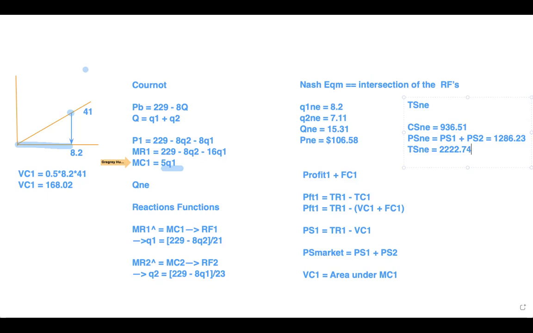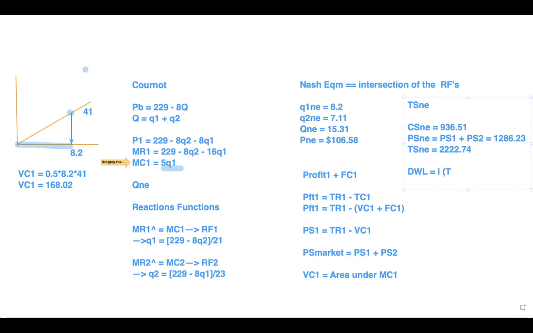Okay. So one of the things that we didn't compute, and we know it's going to be asked for, is the deadweight loss under Cournot. But remember, the deadweight loss is the absolute value of the change in total surplus.